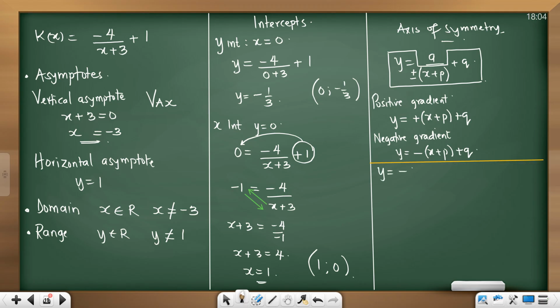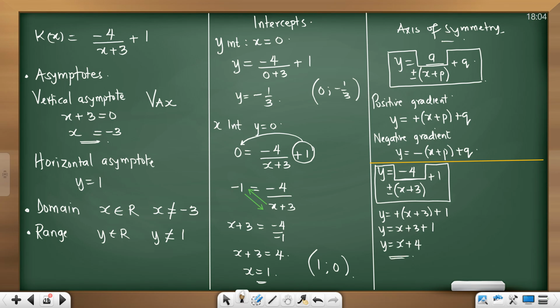So for this one, the examiner will tell you which one they want. But remember, I am cutting this out as quickly as possible. Cut out the negative 4, put a bracket here, and put plus or minus. So y equals plus x plus 3. Oh, this one, the plus would not have an effect. X plus 4.